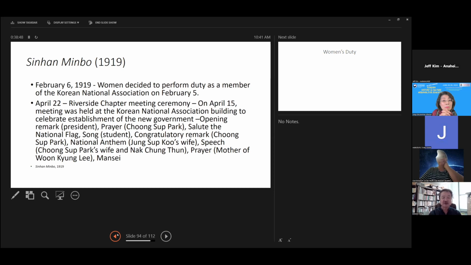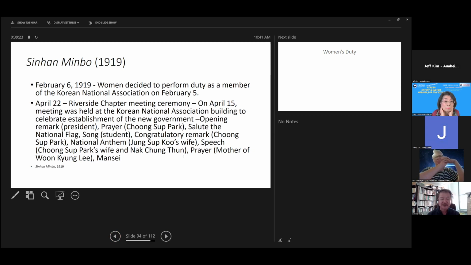As a result, on February 6, 1919, women in Pachappa camp decided to perform their duty as members of the Korean National Association, and the Riverside chapter held a ceremony. At the ceremony, congratulatory remarks were delivered by Chung-sup Park, and the national anthem was led by Chung-sup Ku's wife. Speeches are usually delivered by men, even today.